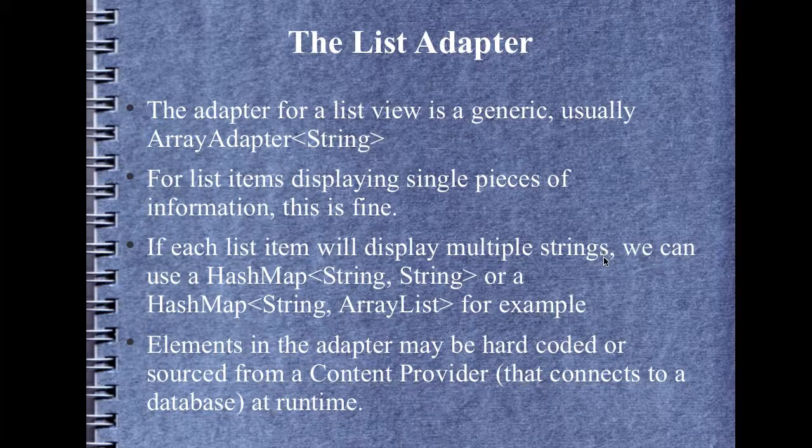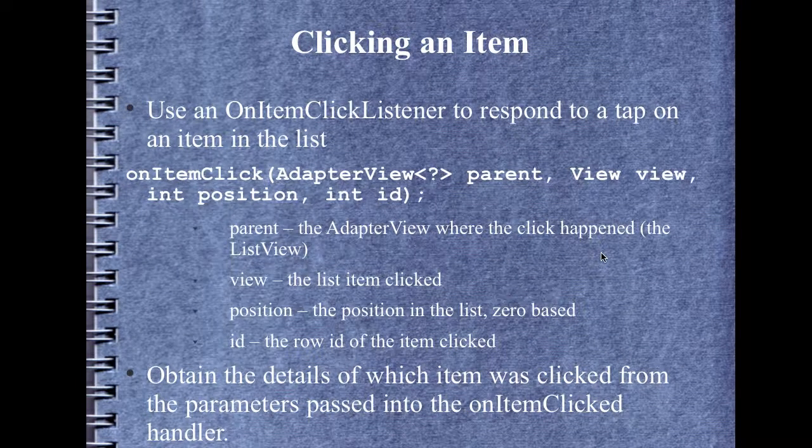It's very flexible. So now, usually in a list view, we don't just present the information. We want to also be able to allow the user to click on an item and have something happen. So for this, we need to build an OnItemClick listener in our list view, and that's going to respond to a tap on a single item in the list. Now, this OnItemClick method that we override inside the listener is going to provide us with the parent, which is the adapter view that that list view is.